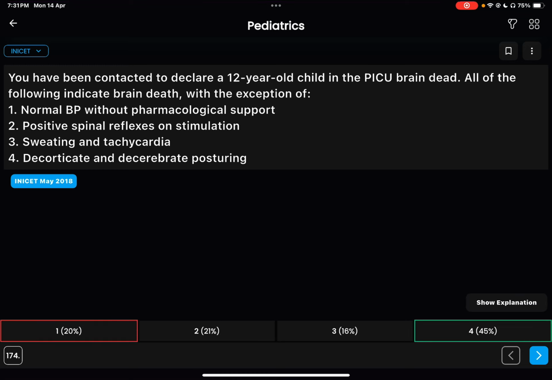Let's guess. So it is decorticate and decerebrate posturing. It doesn't suggest brain death.